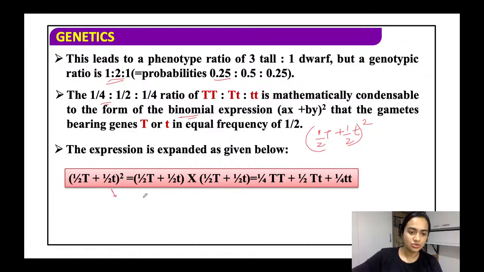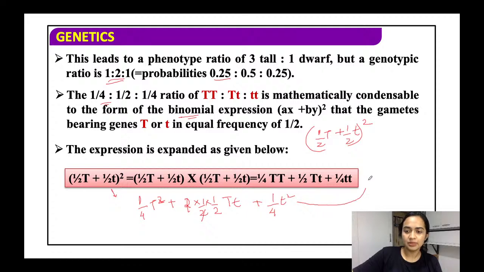So this is my binomial expression. When I start to expand it, I first get 1/4 T square plus 2ab, that is 2 into 1/2 into 1/2, Tt. So the 2 and the 1/2 will get cancelled, and again I will have 1/4 t square.